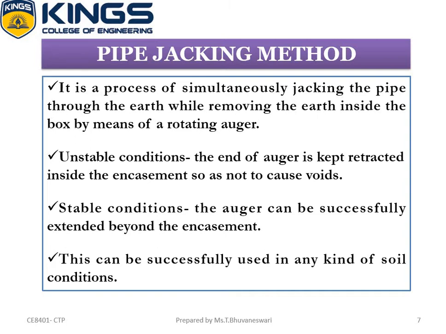The process involves a simple cyclic procedure of utilizing the thrust power of hydraulic jacks to force the pipe forward. In unstable conditions, the face is excavated simultaneously with the jacking operation to minimize the amount of over excavation and the risk of face collapse.